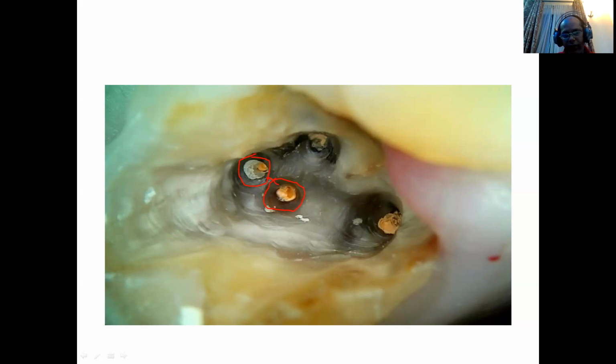So I negotiated this canal and filled it. After negotiation, debridement, and disinfection with intracanal medicaments, all the symptoms of the patient went away, and the patient was much relieved. Finally, the tooth was restored with composite restoration.